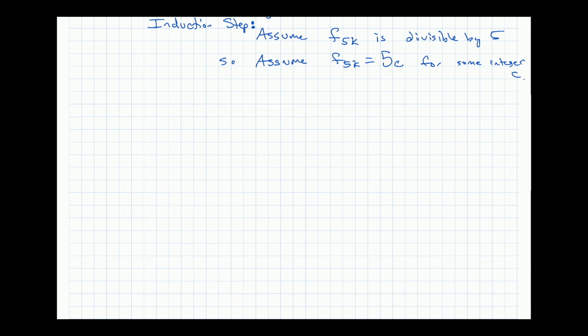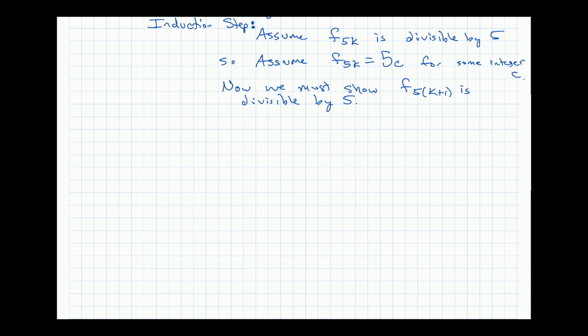So f5k is divisible by 5. Now we must show f5k plus 1 is divisible by 5. That's what we need to do for the induction step.